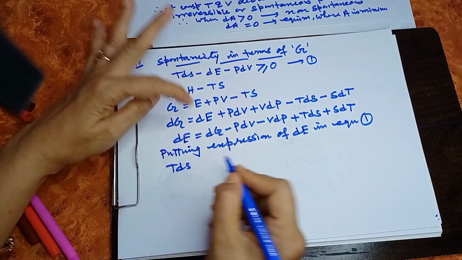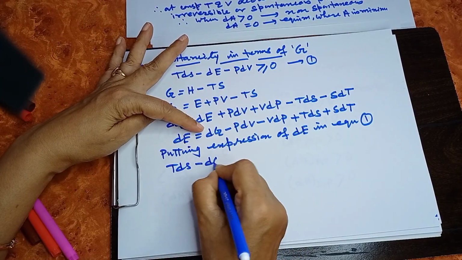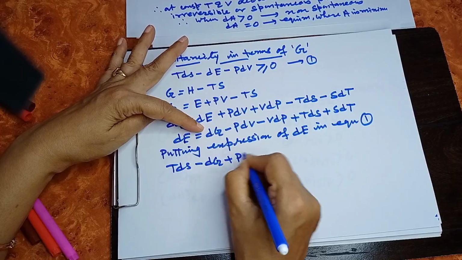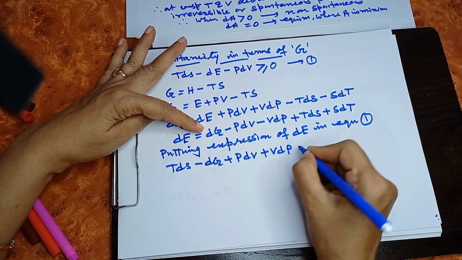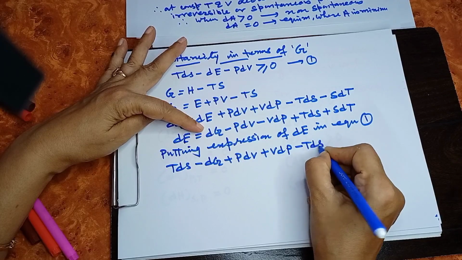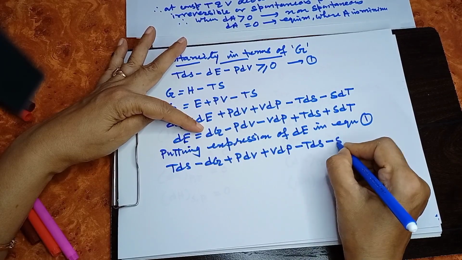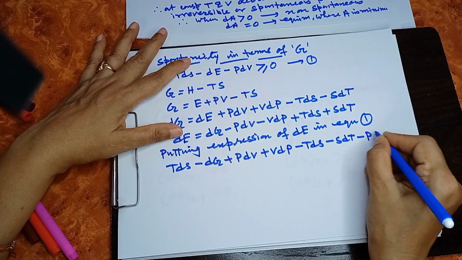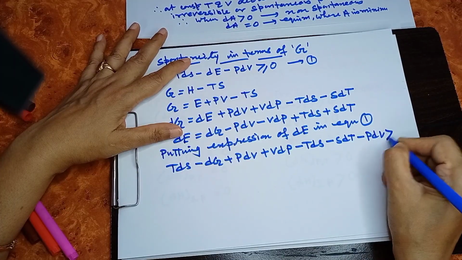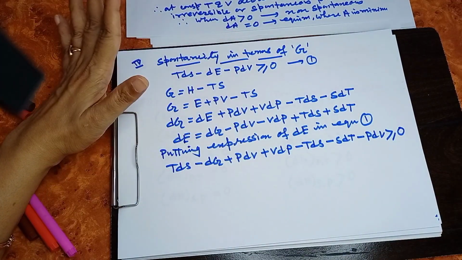TdS minus dE, so minus dG plus PdV plus VdP minus TdS minus SdT, then minus PdV greater than or equal to 0.